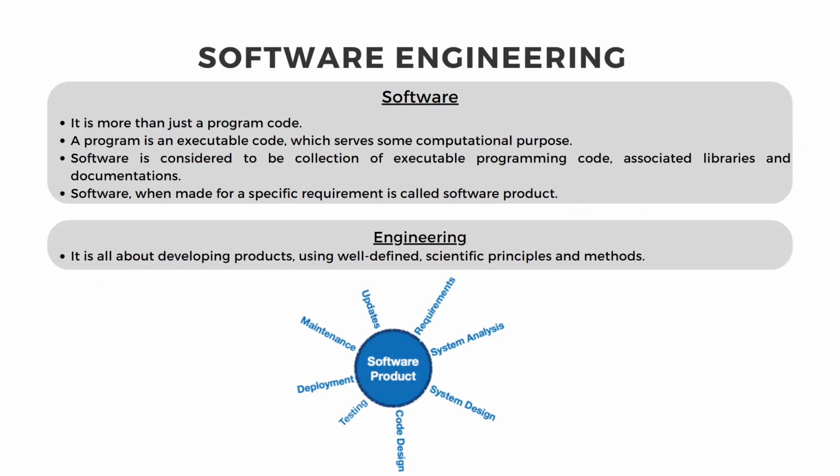Documentation is a very essential part which most of us exclude while writing codes, but it plays a very important role while designing our software product. So when a piece of software is developed for a specific requirement, we call it a software product.